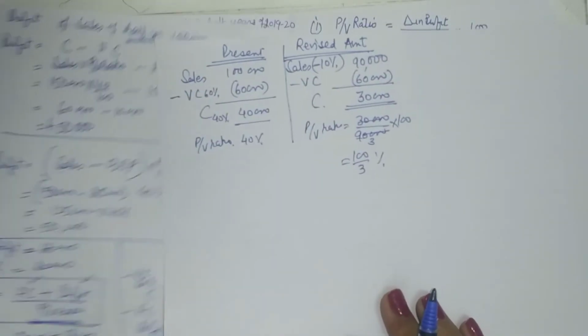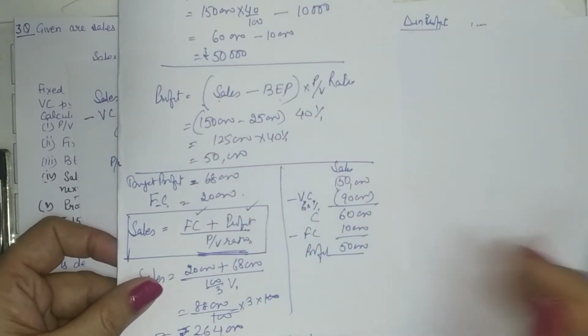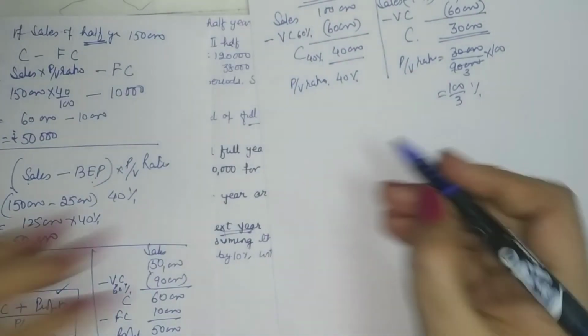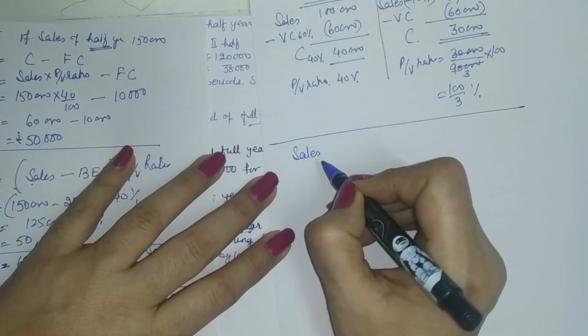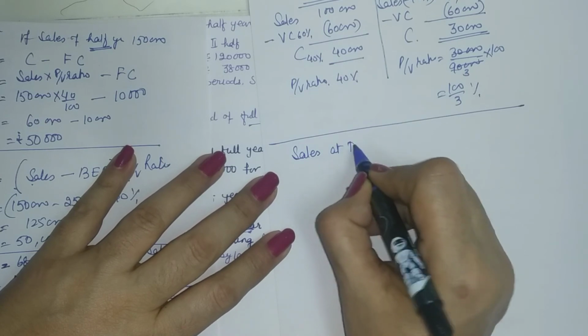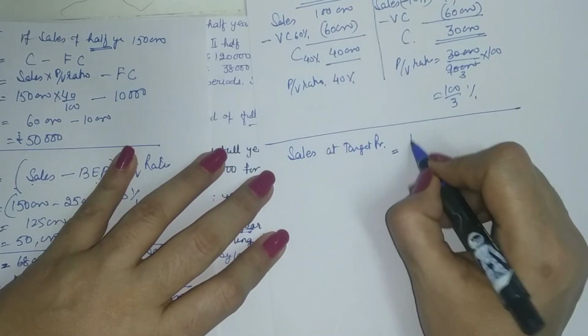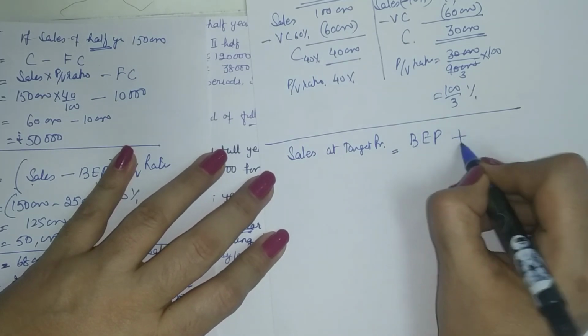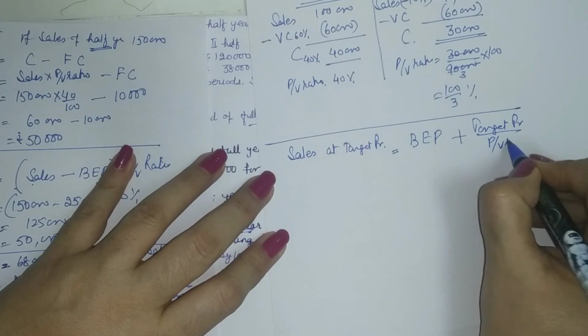Now we used this formula to determine sales, right? This is a formula that we studied under PV ratio. Now what is the formula under break-even point analysis? Sales at a target profit. You know that in order to make some profit, we need to break even and then we will have to get the target profit at a given PV ratio.